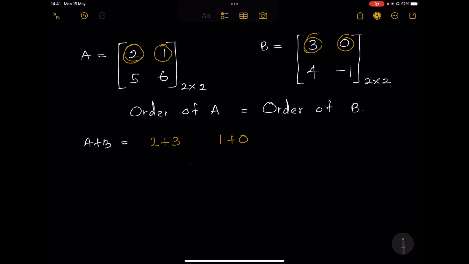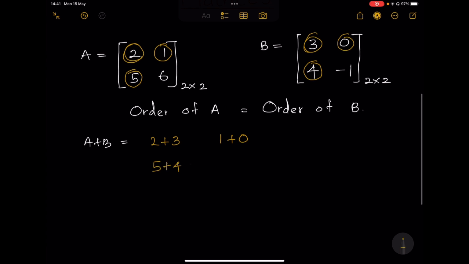Then these two, 5 and 4. So that's going to be 5 plus 4. Next, these two numbers, 6 and minus 1. So the final element is going to be 6 plus minus 1.